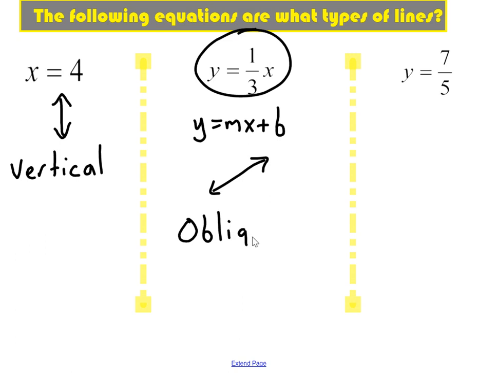I know that we haven't really talked about that much, and we won't really talk too much about it, but it's just something nice to know. Here, I have y equals some number, which means I'm going to have a flat line like this, which is called a horizontal line.